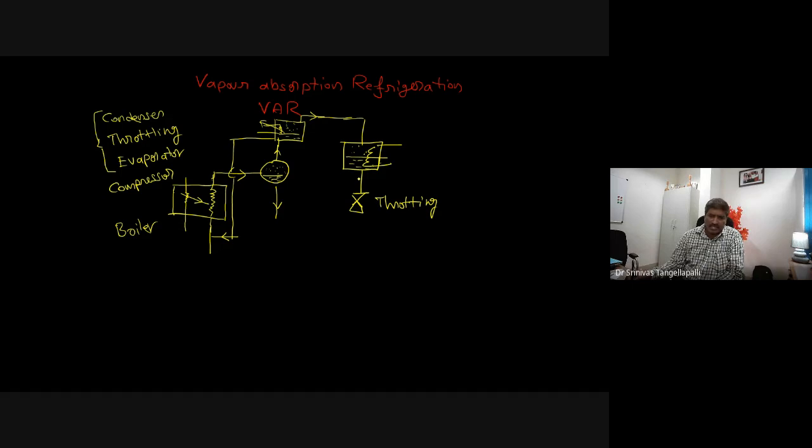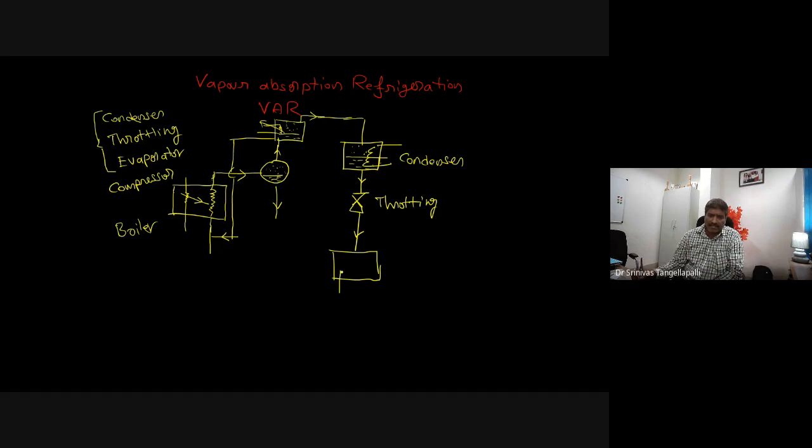So coming to the basic components, this is a condenser. After throttling, where does it have to go? It has to go to the evaporator. The evaporator is also a heat exchanger. In the evaporator, what is happening?